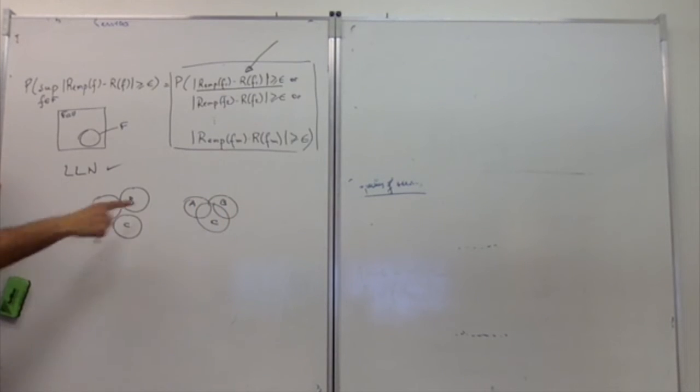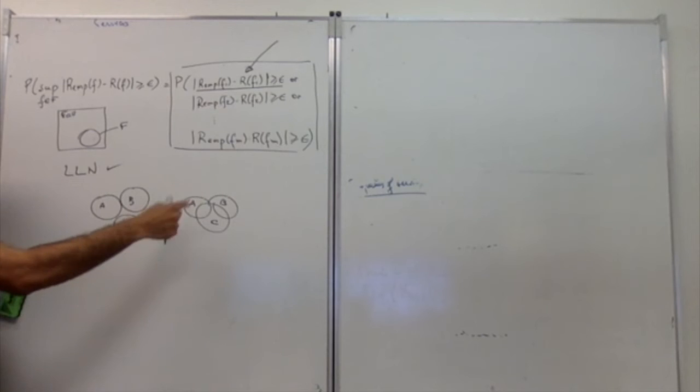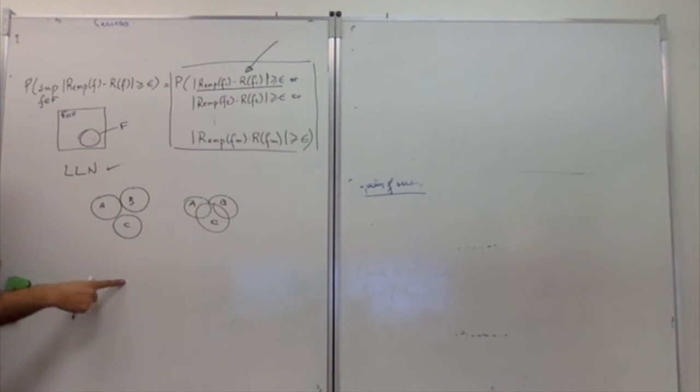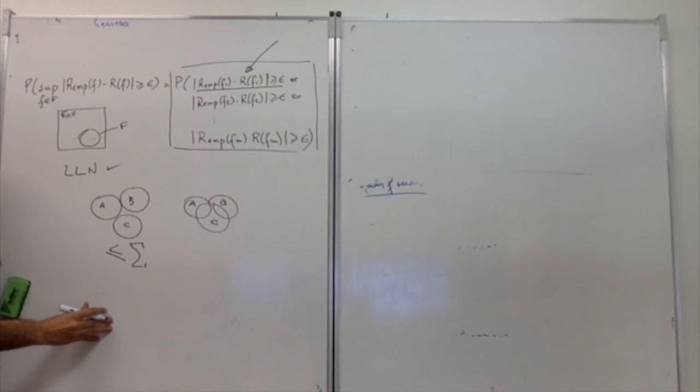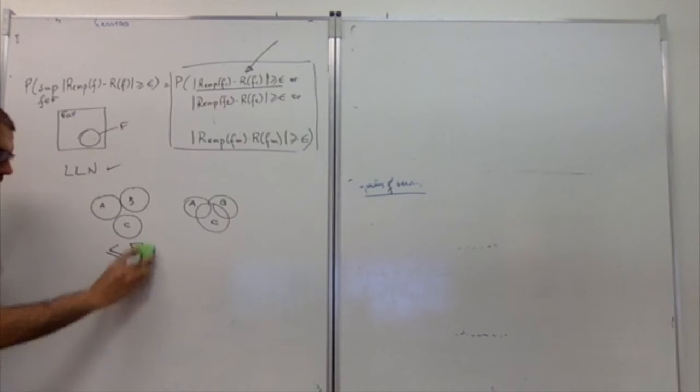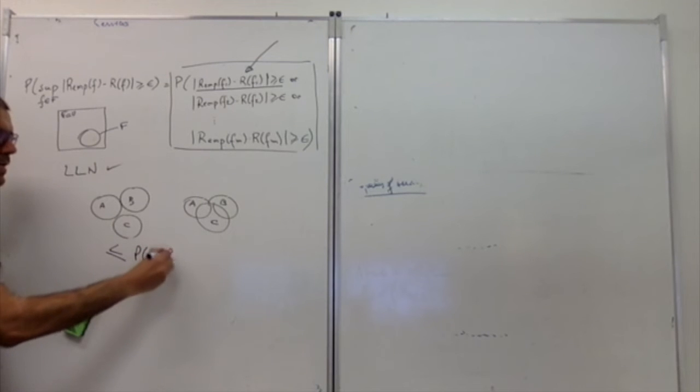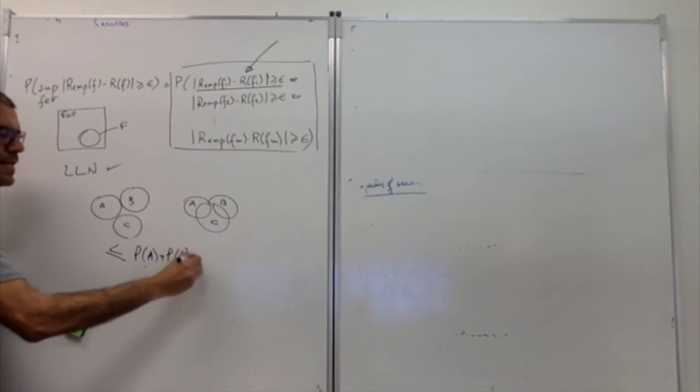So in terms of probability, if I have either this or this or this happening, and here also either A, B, or C happening, the total probability is always upper bounded by the sum of all those probabilities, the probability of A plus the probability of B plus the probability of C.